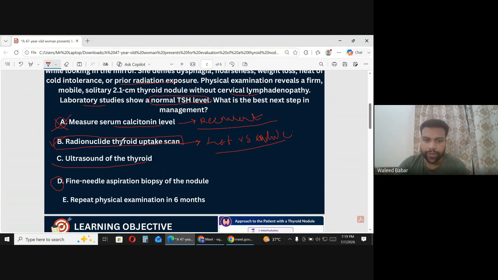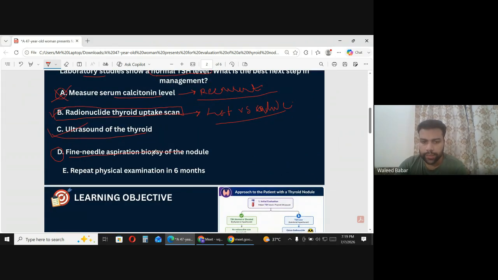So the correct option here with normal TSH level and without any symptoms is option C, and ultrasound is going to dictate whether we are going to need FNA or whether we will go with repeat physical examination in 6 months. So now let's discuss how we came to the conclusion that option C is the correct option.